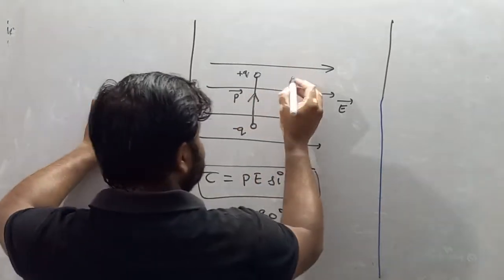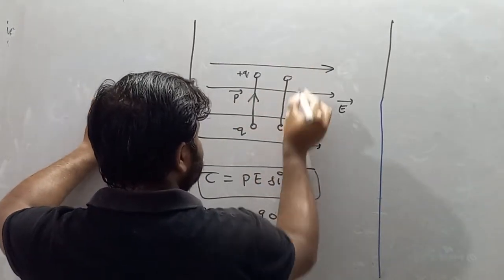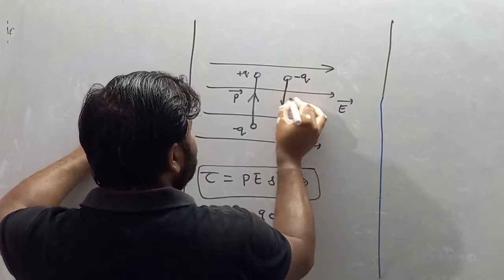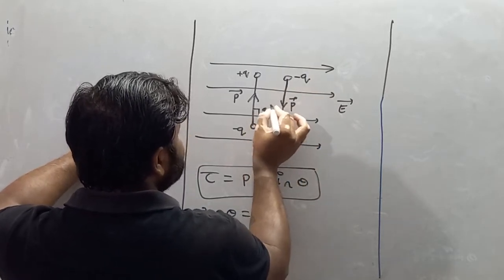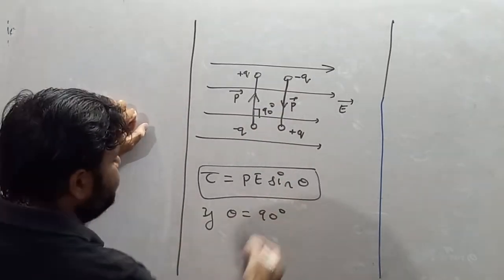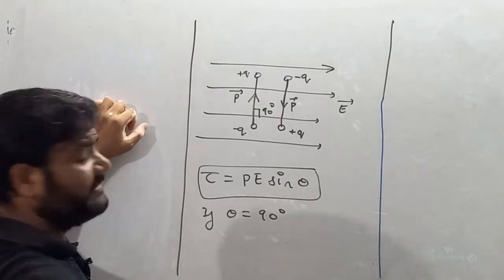We will make it similarly like this as well. In both cases, the angle between the dipole moment and the electric field is 90 degree.